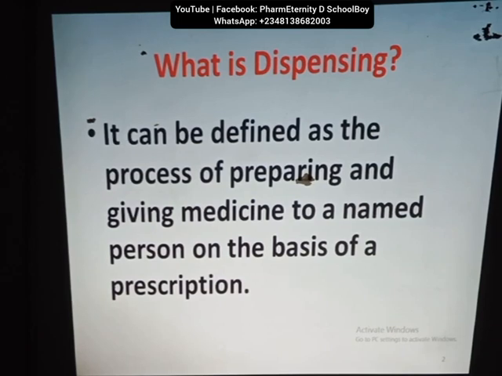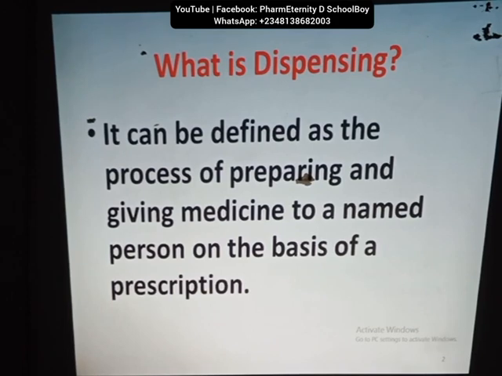From there the patient or caregiver goes with the prescription, the prescription is filled, and they go home with the medicine. This one is called prefabricated dispensing.